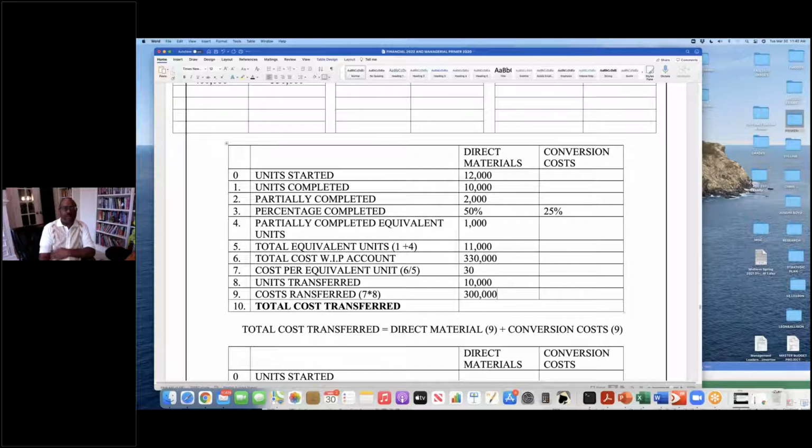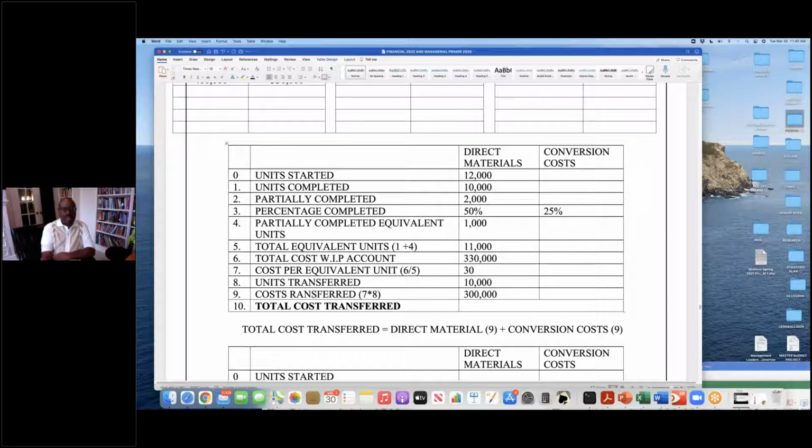So we have to use a weighted average process, because of the 12,000 goods, 10,000 were completely finished with raw materials. 2,000 had 50% of the raw material. So we had this cost of 330. 10,000 had a full portion of it. 2,000 only had half a portion.